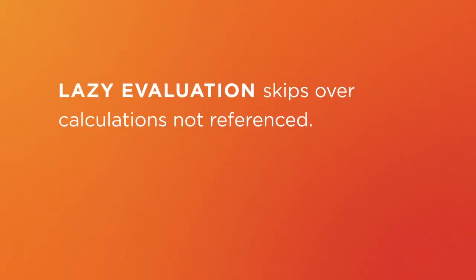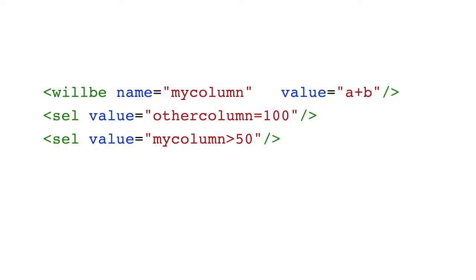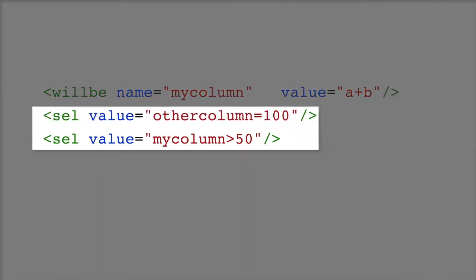Lazy evaluation skips over calculations not referenced, but it can also reduce calculations even when the column is referenced. Let's go back to the original example. Here, we see our final selection where myColumn values are greater than 50. This occurs after we select otherColumn equals 100.